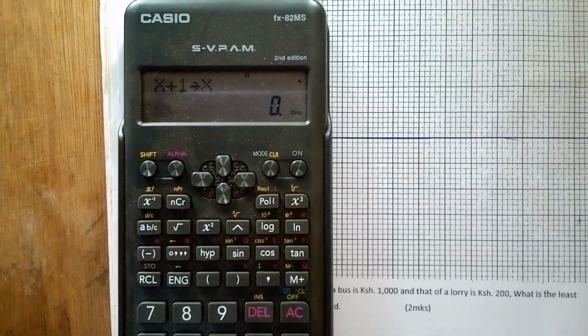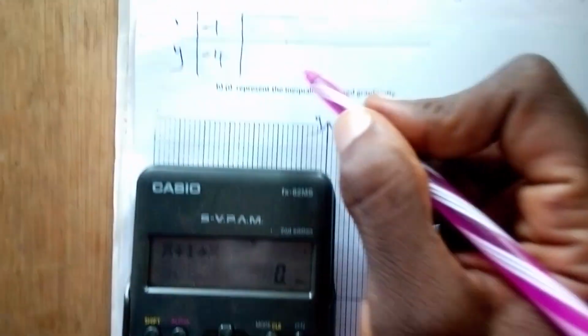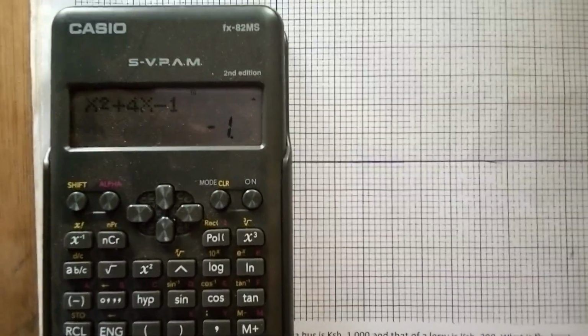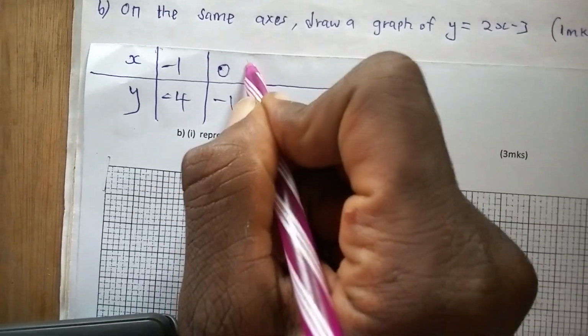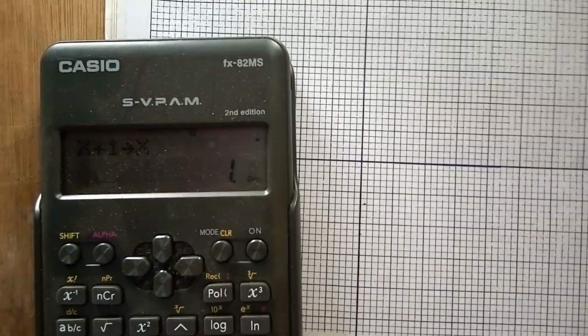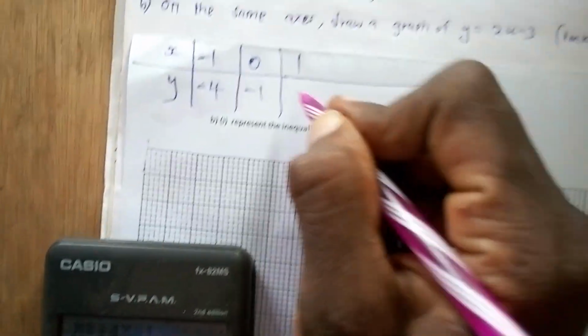Next, again, an equal sign. x is 0. Then equal sign. Now y is negative 1. And then next we have equal sign. x is 1, as you can see from the calculator. Then next equal sign. Now the value of y is 4.